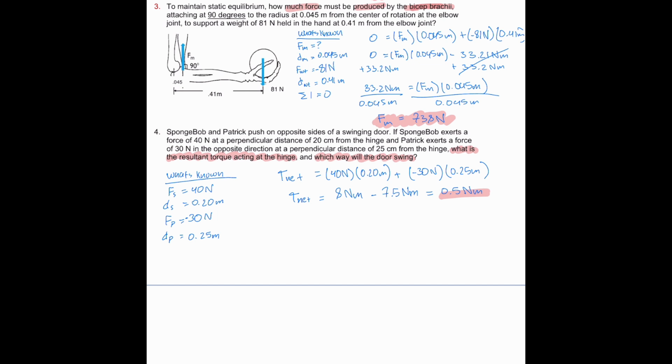So in this case, the total net torque was 0.5 newton meters in the direction that SpongeBob pushes. So let's write this down: 0.5 newton meters in the direction that SpongeBob pushes.